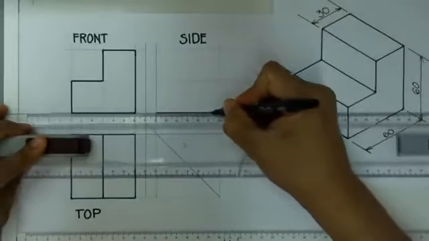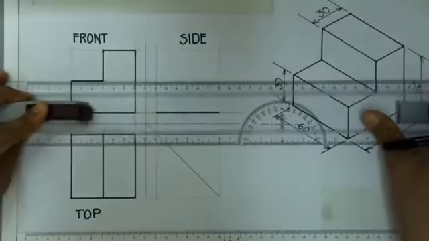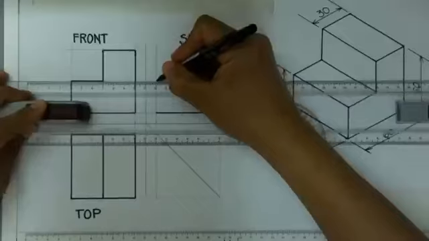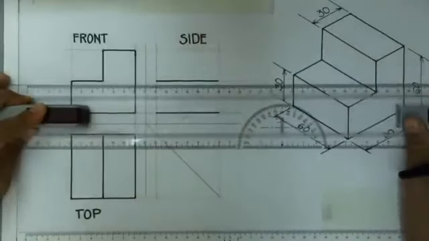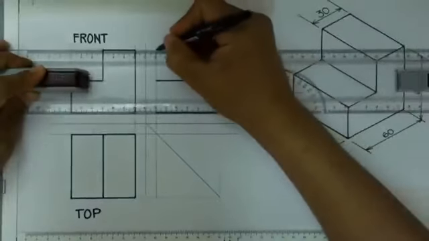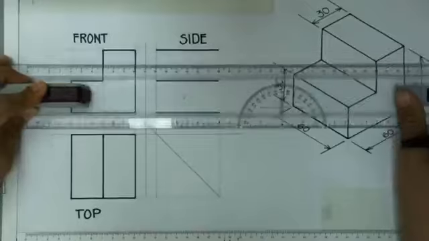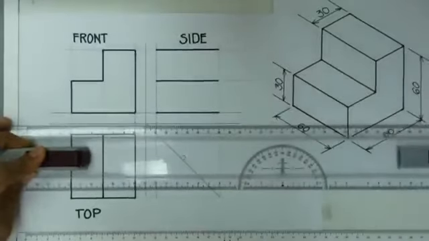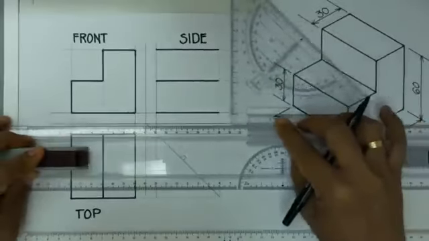From here, going there. Here, up to here. And on top, from this corner up to this corner. Using our triangle, make vertical lines.